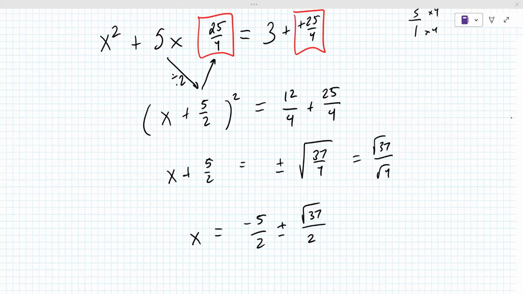So for one of my answers, I got 0.54. Yes, that's correct. What's the other one? Whenever you've got it. Negative 5.54. Yeah, good. All right.